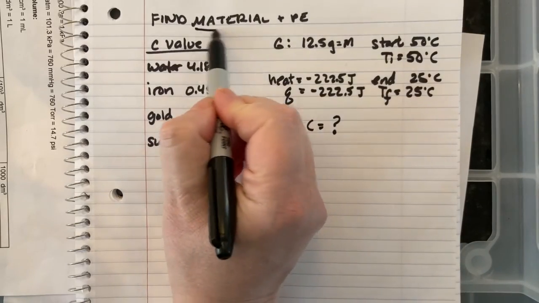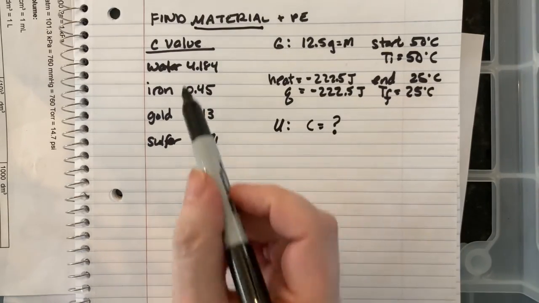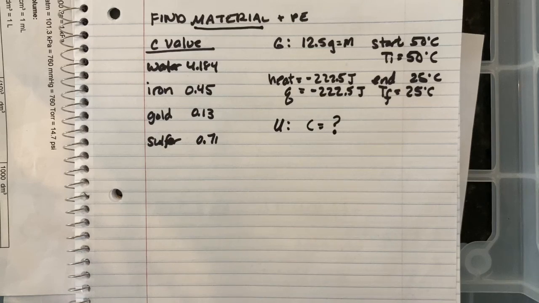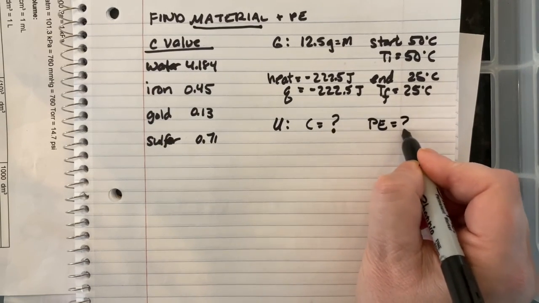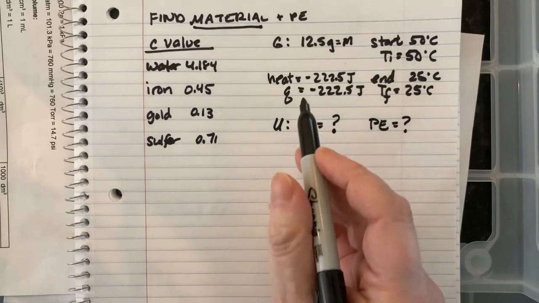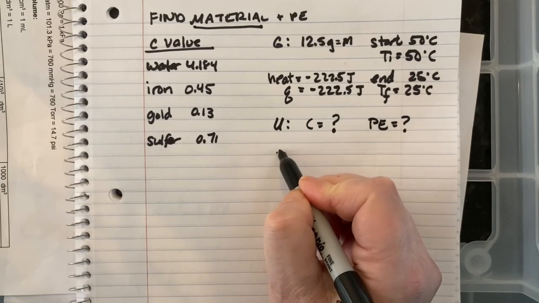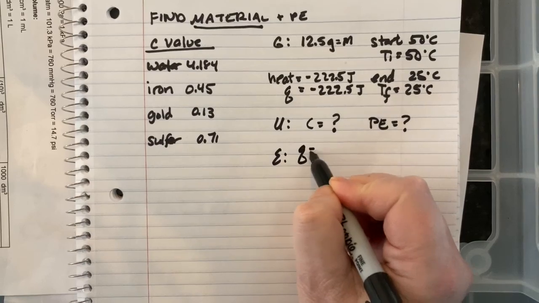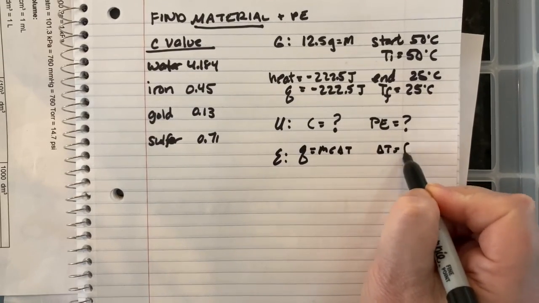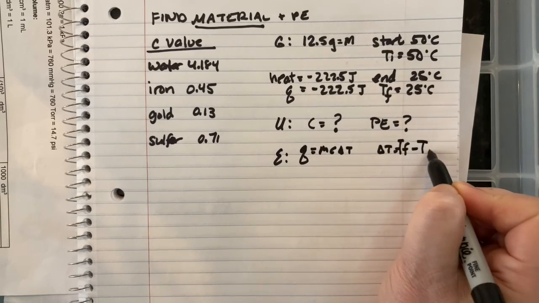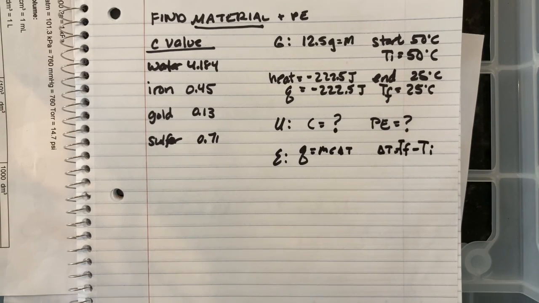And that's where it comes into play. If we're finding a material and I know the C value, I can match it up on this chart. And the other thing we're going to need to find is percent error. So we actually have three equations this time. Q equals MC delta T, delta T equals temperature final minus temperature initial, and we have our percent error one.